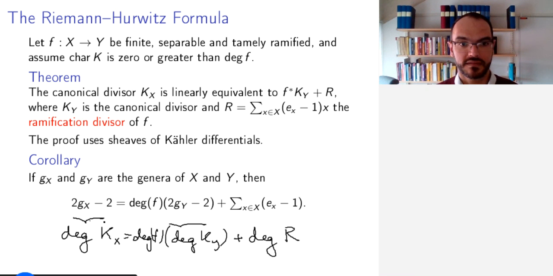And so this says that the genus of x is related to the genus of y via the degree of f, but there is some correction I have to make in case I have ramification, and I have to add this degree to compensate for the loss that happens at points of ramification. And the fact that the degree of the canonical divisor is 2g minus 2 follows from the Riemann-Roch theorem, and we deduced this in that lecture.